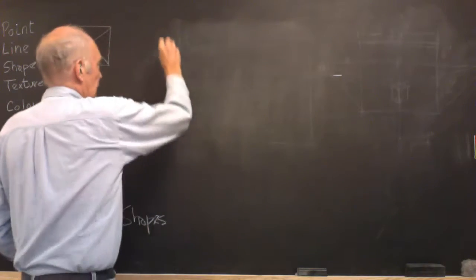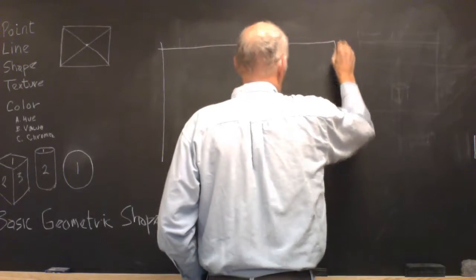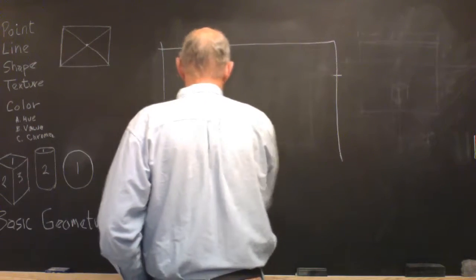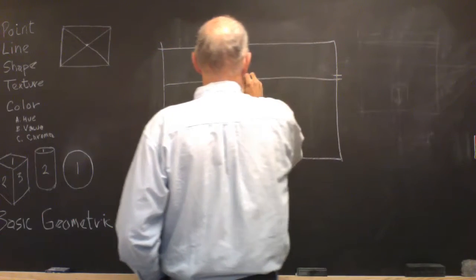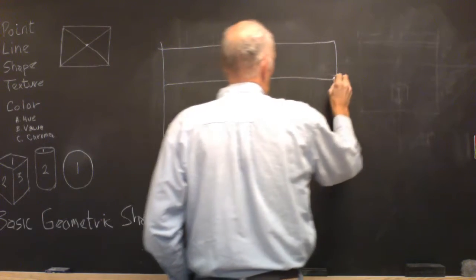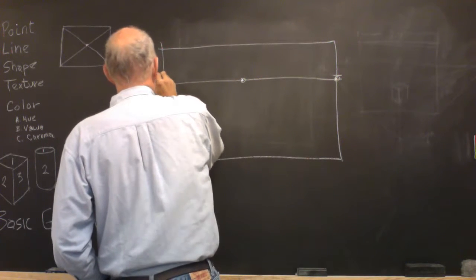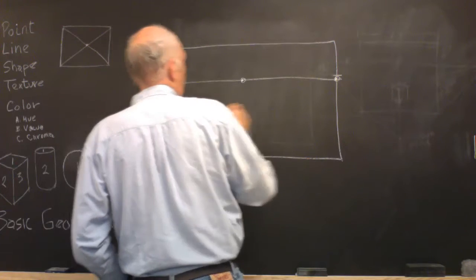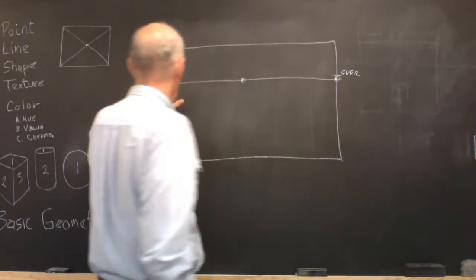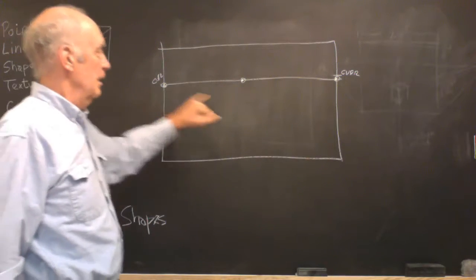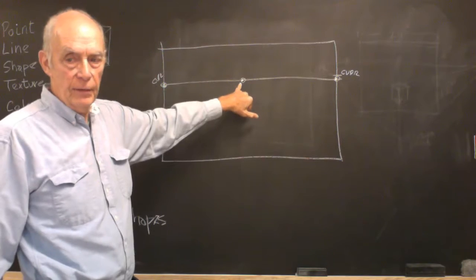I need to get bigger. This is construction vanishing point left. This is construction vanishing point right. This is line of sight vanishing point right here.